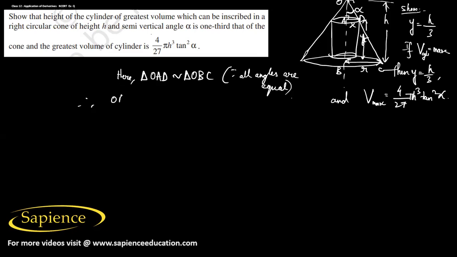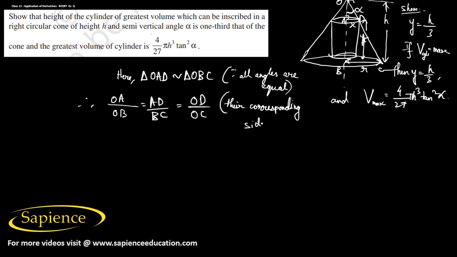It means we can say that OA by OB is equal to AD by BC, which is equal to OD by OC.